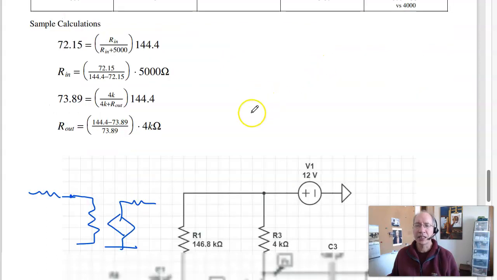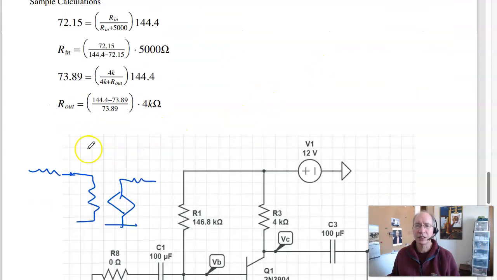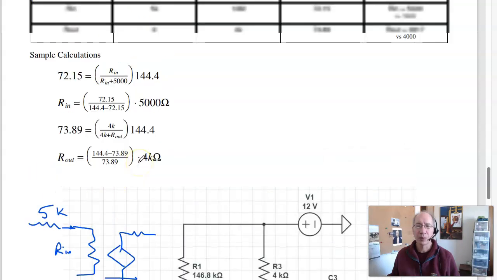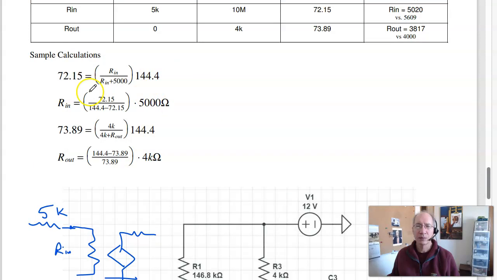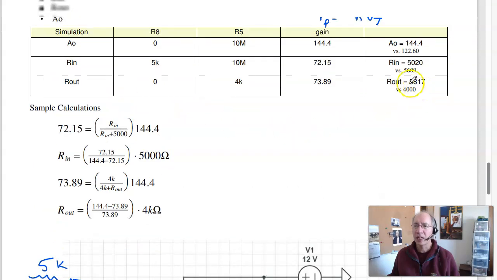I can then calculate if this is 5K, what does Rn have to be because the voltage drops from 144 to 75. And that gives me Rn is 5020 ohms versus 5609 calculated.